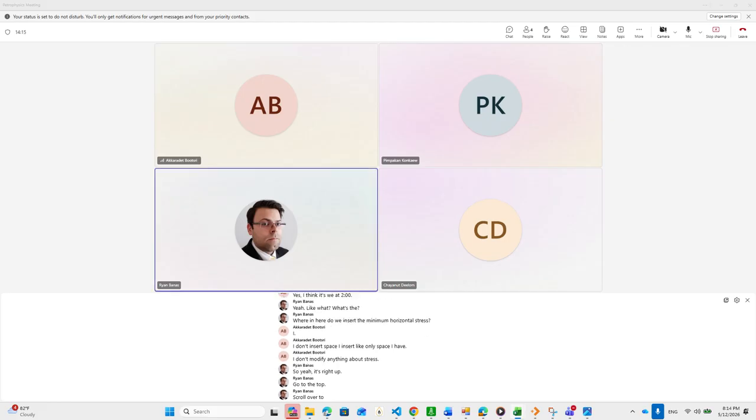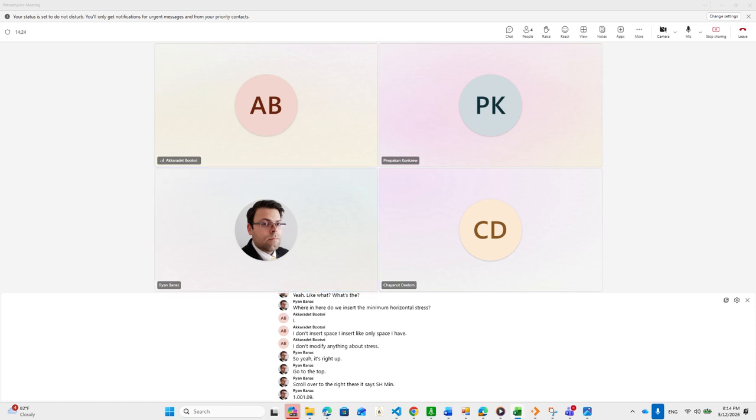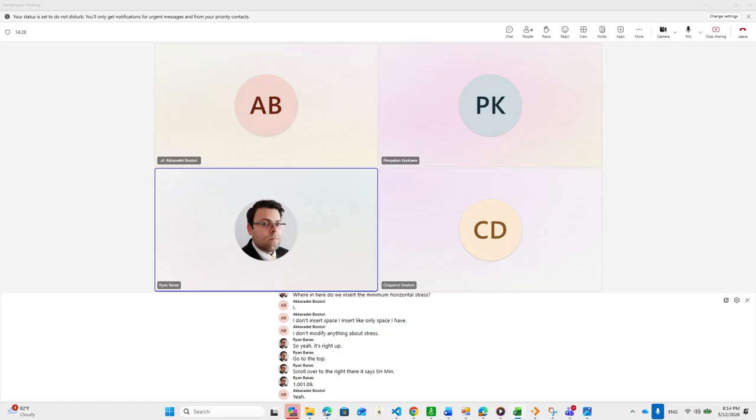Scroll over to the right. There, it says SH min, 1.00, 1.09. So it's getting that from the depth. What's the calculation formula for that again?